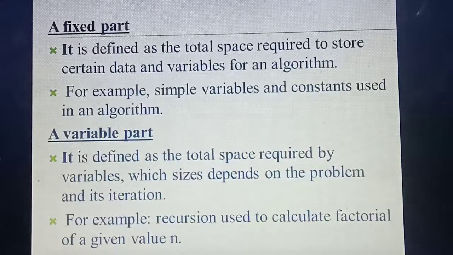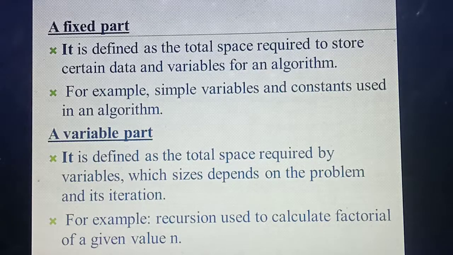First one is the fixed part. Fixed part is how much total space is required to store particular data and variables. Same example, adding two numbers. How many variables are there totally? A, B and C. For variable A it will take one space, for variable B one space, then for storing the result C it will take some space.